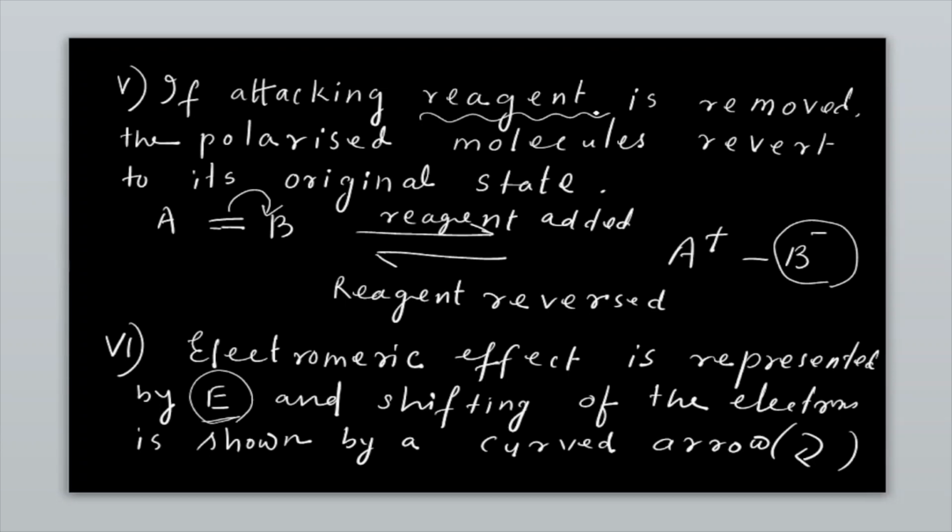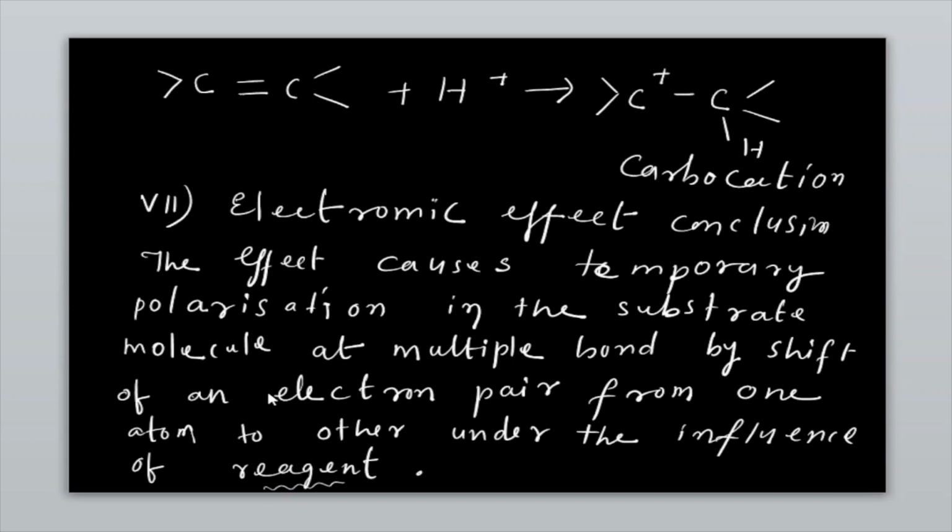If the attacking reagent is added, the electrons transfer from the lower to the higher electronegative atom. If it is removed, the reaction reverses and returns to the original state. The electromeric effect is represented by E.